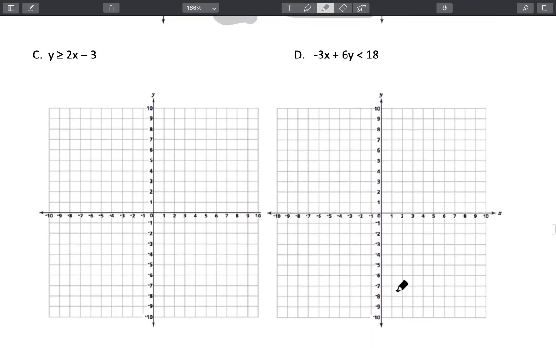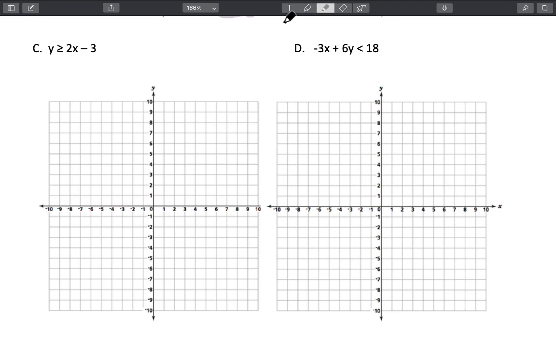All right, so that's a horizontal and a vertical example. Let's take a look at an example that's not horizontal or vertical, and also one that's going to have a solid boundary line. Now I want to graph all my y's that are greater than or equal to 2x minus 3. We're going to start off by graphing this boundary line. It's got a slope of 2 and a y-intercept of negative 3.